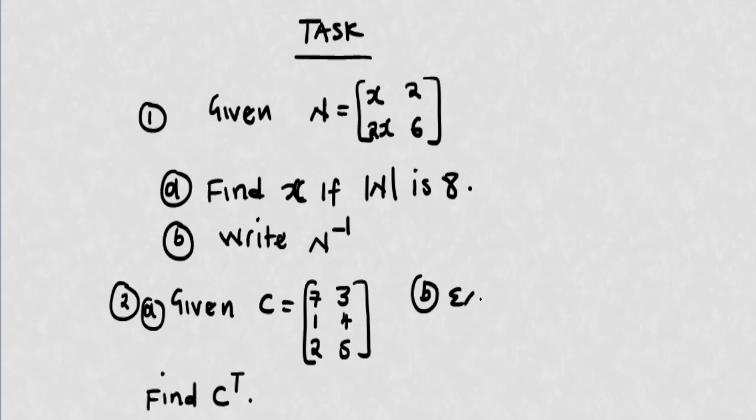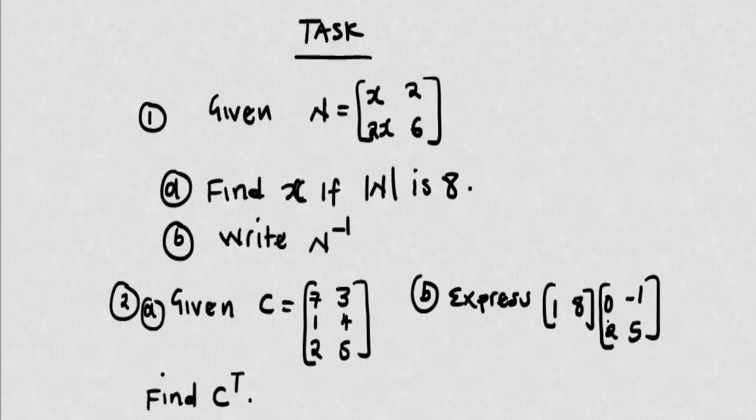Then part B, express, so suppose you have this matrix, so we have 1, 8 here. This is a 2 here. This is a 2, just in case you're unable to see.